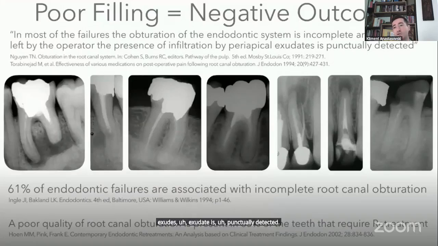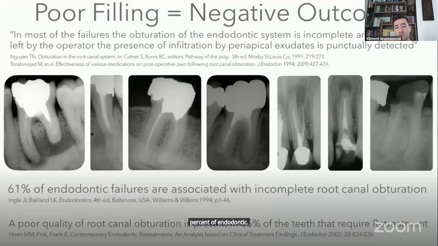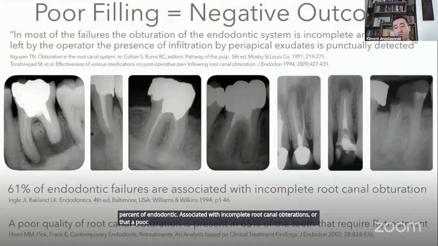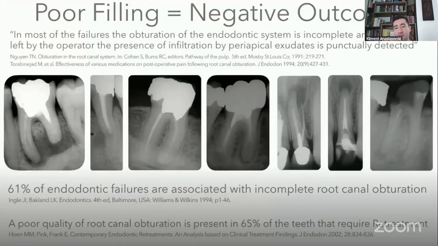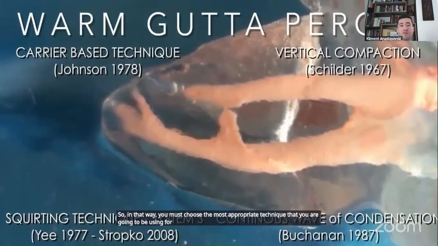There are also other studies that reported as high as 61% of endodontic failures associated with incomplete root canal obturations, or that a poor quality of root canal obturation is present in the teeth that required retreatment. So you must choose the most appropriate technique for the three-dimensional filling of the root canal system.